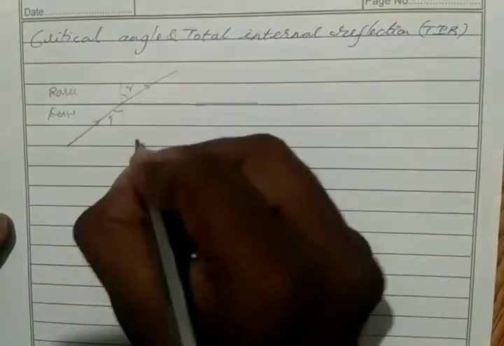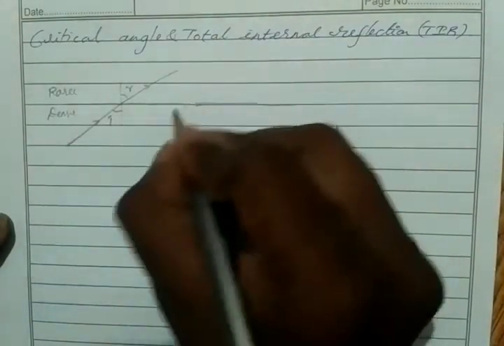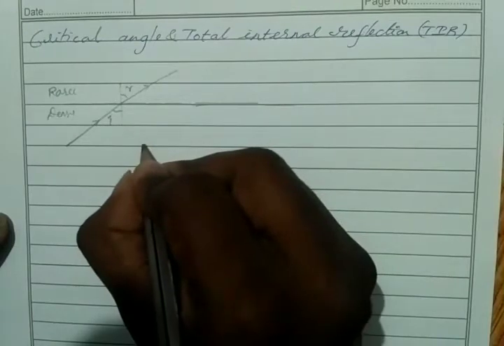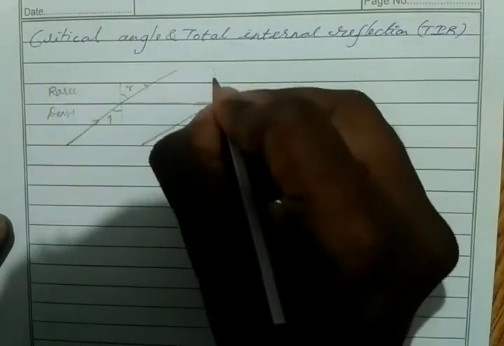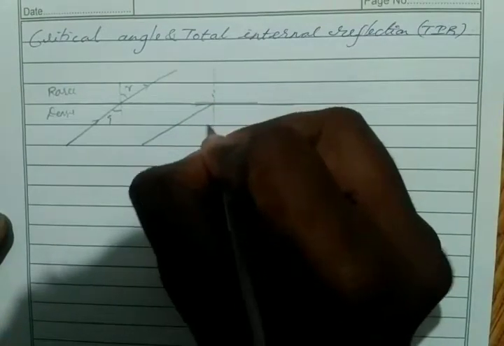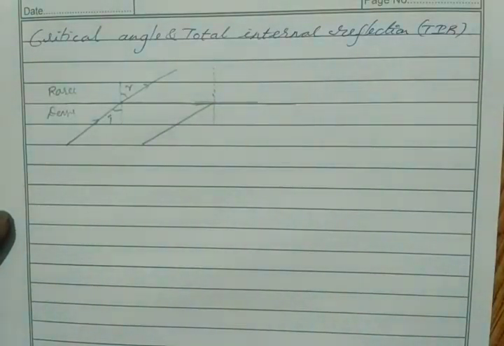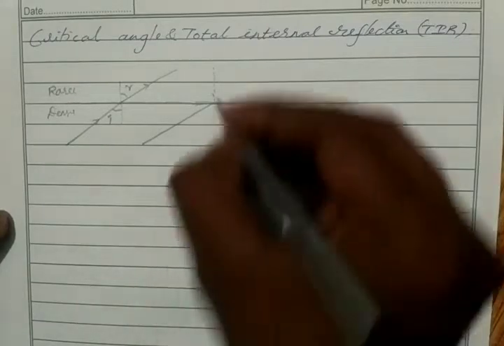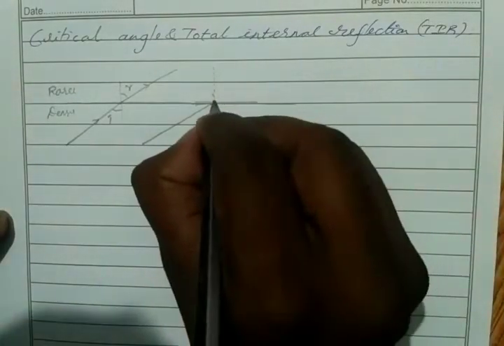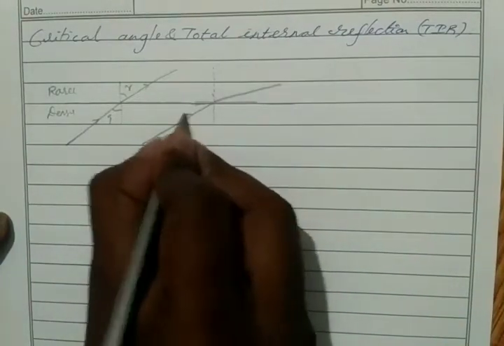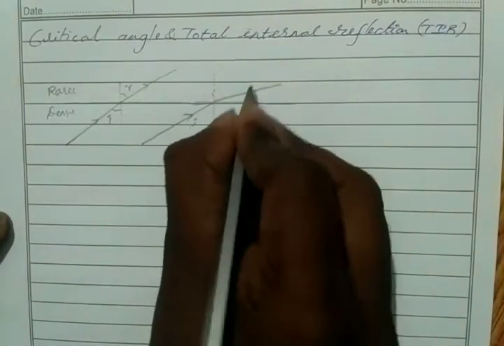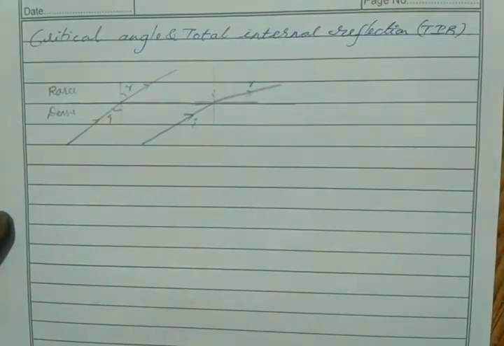Then again we incident a ray in such a way that we increase the incident angle. Then what happens? Again it is refracted, and the refraction angle also becomes more.